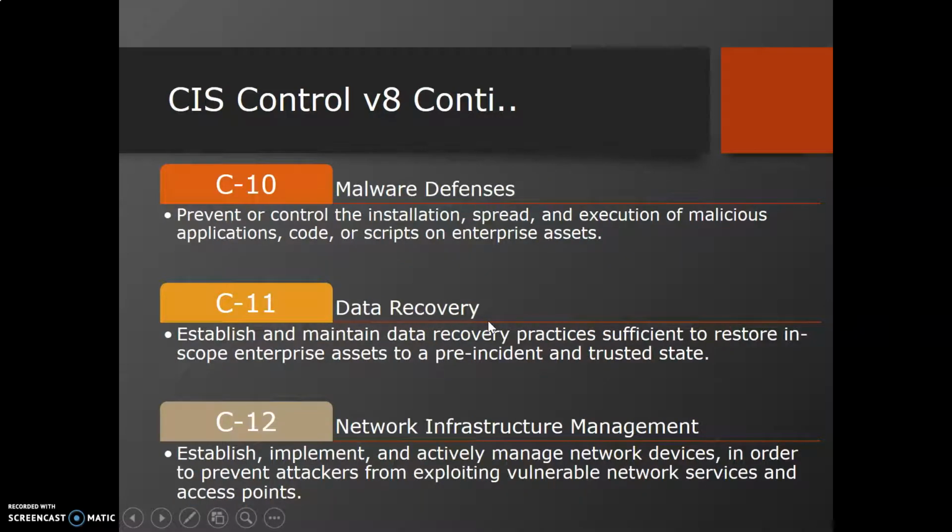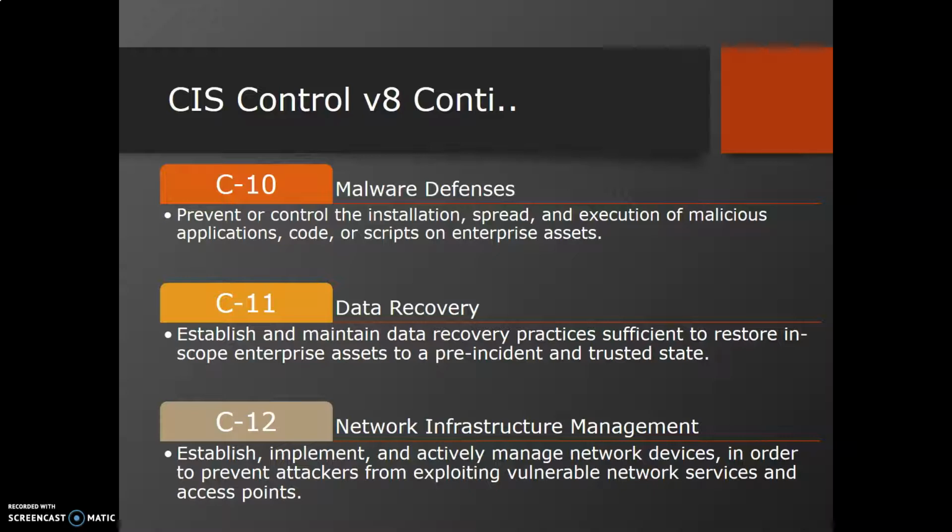The 10th control talks about malware defenses: prevent or control the installation, spreading, and execution of malicious applications, code, and scripts on enterprise assets. How can we do that? Malware can be transported in the form of email, so we can have email protection software like Proofpoint.